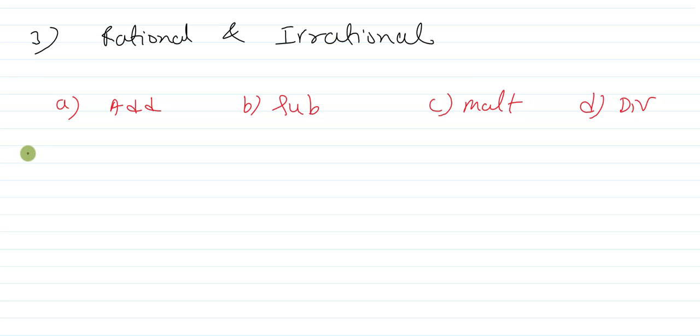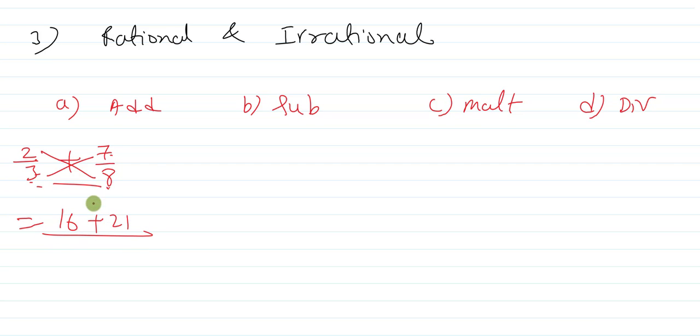For example, we can see 2 by 3 plus 7 by 8. Both these are rational numbers. So just try to add them. As the denominators are different, we are cross multiplying. 8 into 2, 16, plus 3 into 7, 21, upon the multiplication of denominators, 3 into 8, 24.